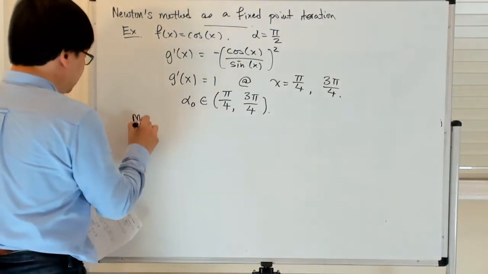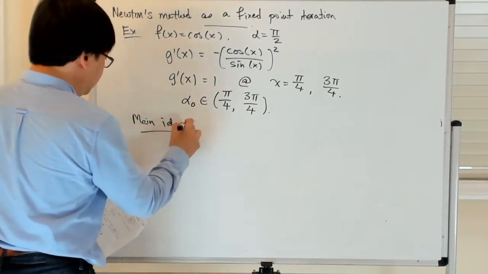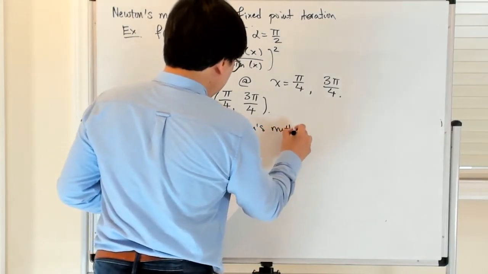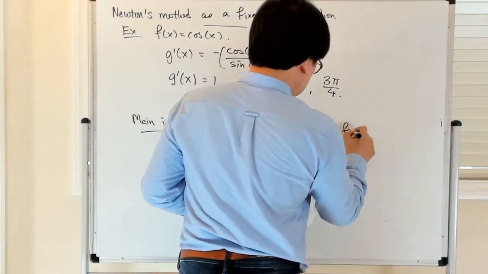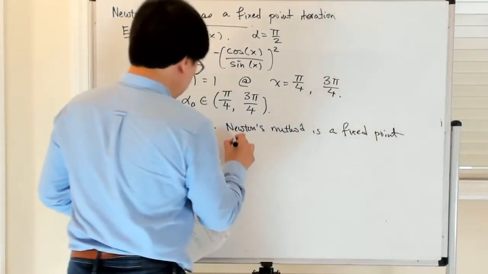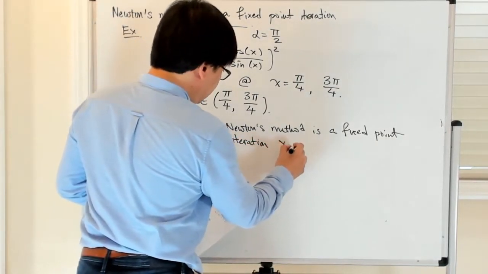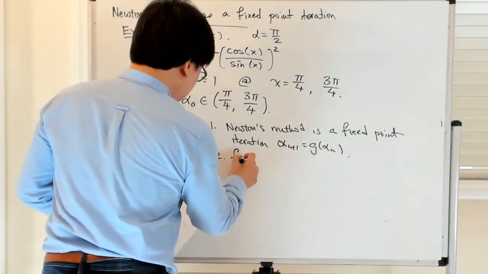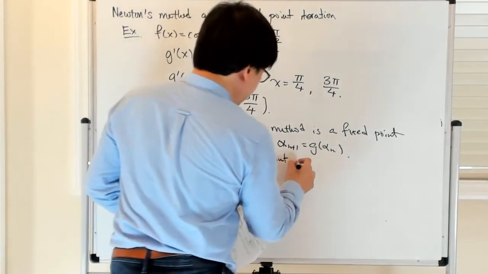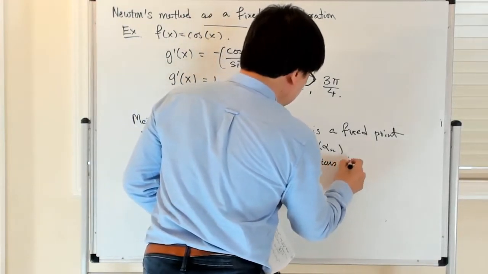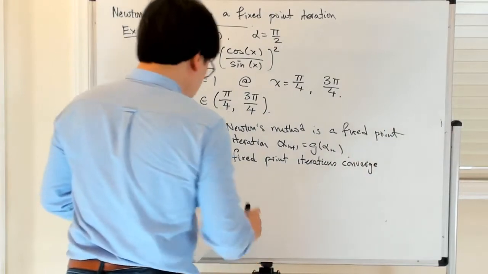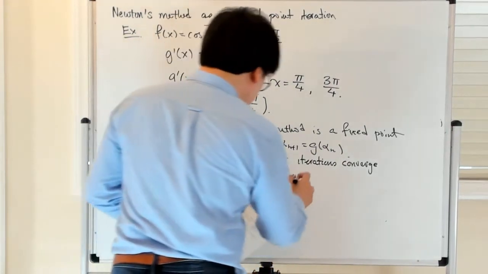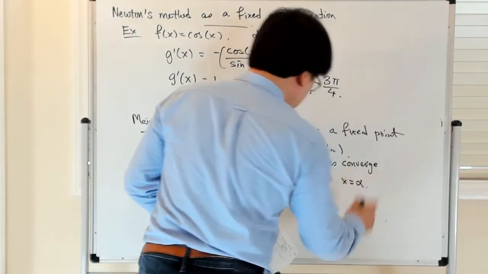The main idea is that Newton's method is a fixed point iteration, x n plus 1 or alpha n plus 1 is equal to g of alpha n, and fixed point iterations converge if the absolute value of the derivative of g is bounded from above by 1 near the fixed point.